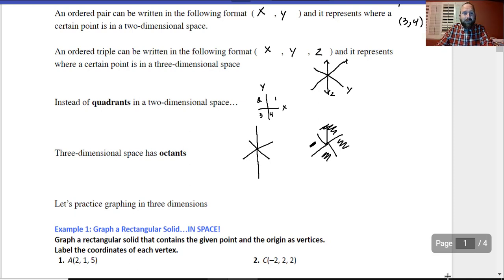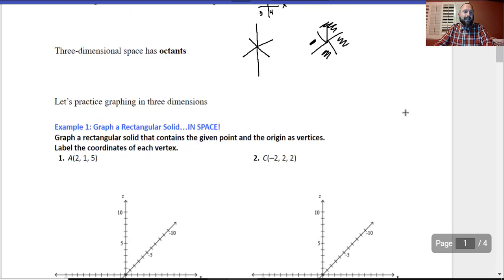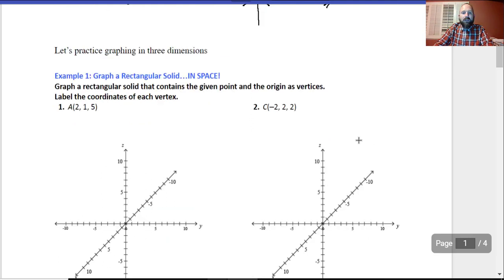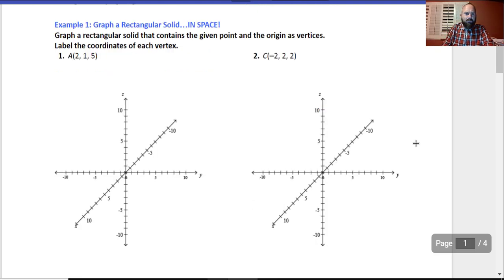So let's practice graphing in 3 dimensions. Example 1, graph a rectangular solid in space. Well, 3 dimensions. So if you were to graph this, this is going to be A, the 2 is the x, so we figure out which one of these is the x. Oh, this one.